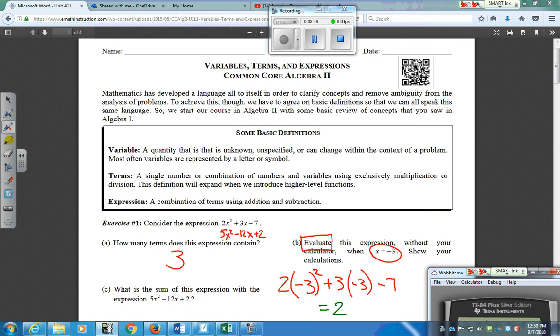So, in the case of the x squared, the exponent's going to stay the same. So you got 2x squared and 5x squared, which would be +7x squared. 3 and -12, if you add those in the calculator, you can get -9x, and then -7 plus 2 would be -5.